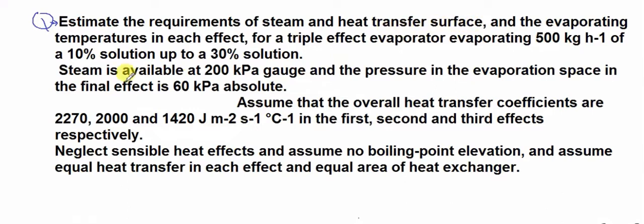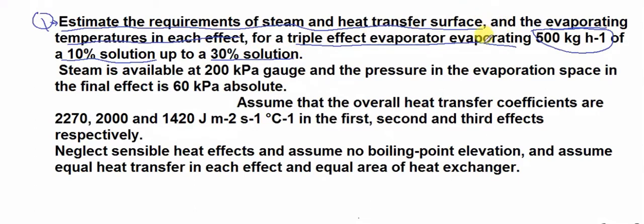Okay, so we have the problem: estimate the requirement of steam and heat transfer surface and the evaporating temperature in each effect for a triple effect evaporator evaporating 5000 kg per hour of 10% solution up to 30% solution.